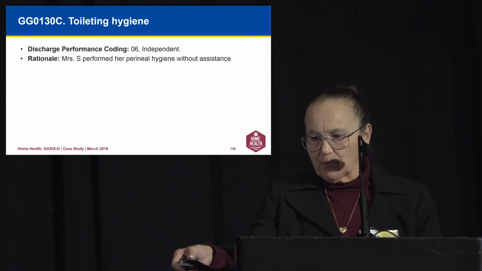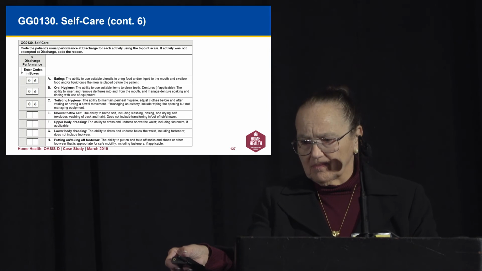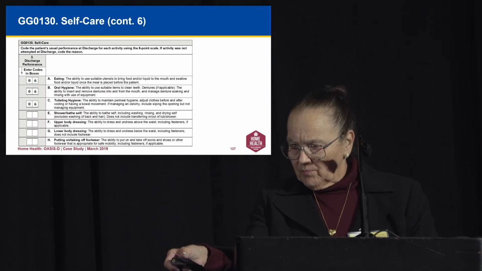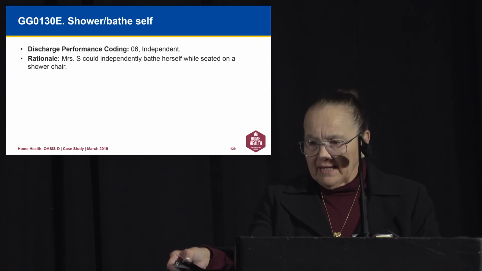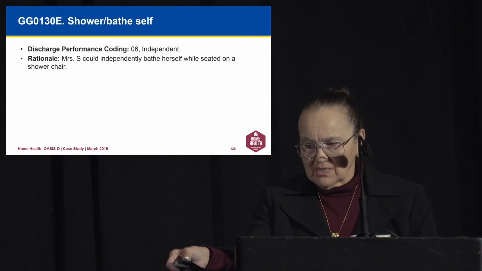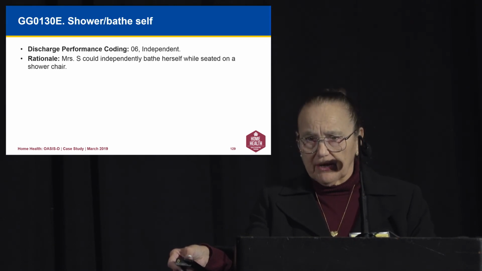Mrs. S performed her personal perineal hygiene without assistance. E, showering and bathing. Again, Mrs. S is coded as 06 independent. She could independently bathe herself while seated on a shower chair.